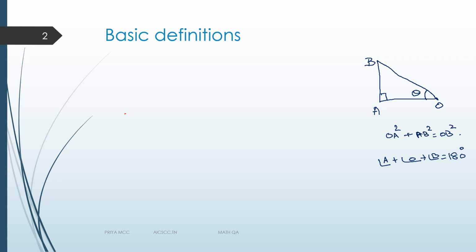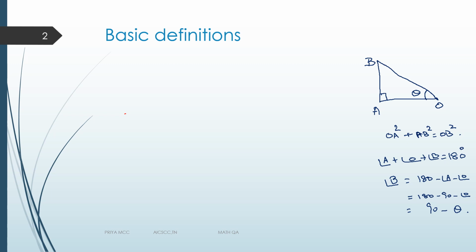Now if it's a four-sided figure, the sum of the angles is 360, or the angle around a point. So this sum of the three angles of a triangle being 180 degree will naturally lead me to angle B is equal to 180 minus angle A minus angle O. But A is 90, so this will be 180 minus 90 minus angle O, which is 90 minus angle O, where angle O is my theta.